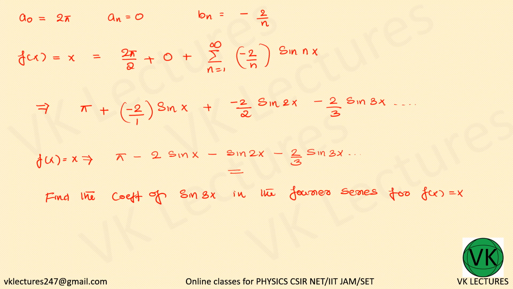So for this question you have to find the series and also find the coefficient of sine 3x. In this question, the coefficient of sine 3x is minus 2 by 3. So if this is the question, then the answer is minus 2 by 3. Right. Or sometimes the question will be, what is the second term in the series?